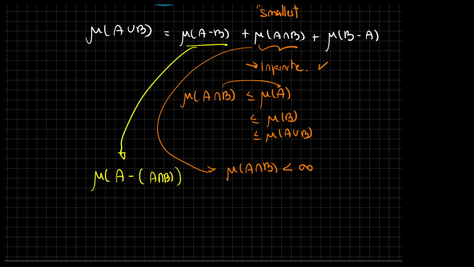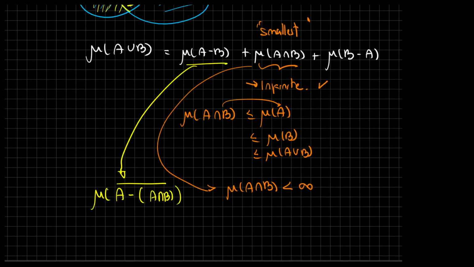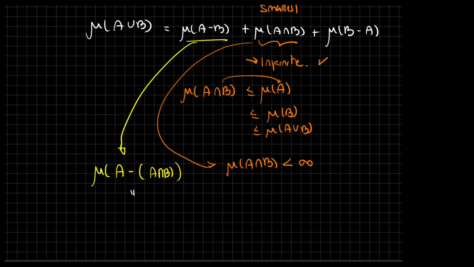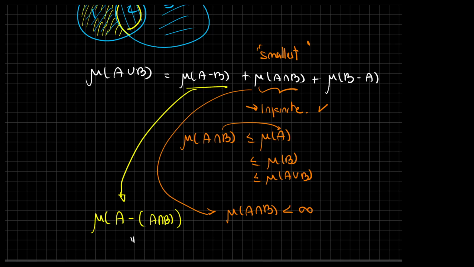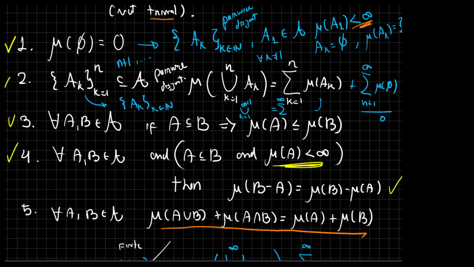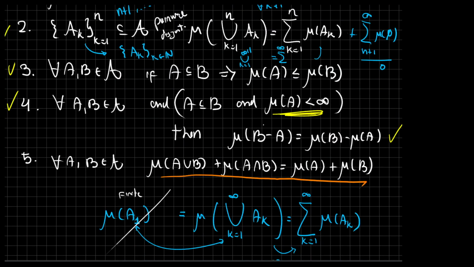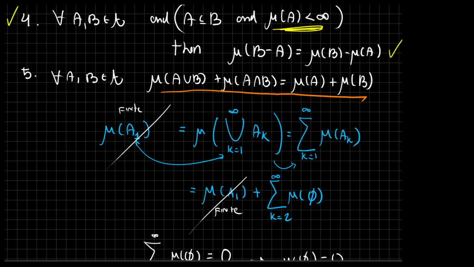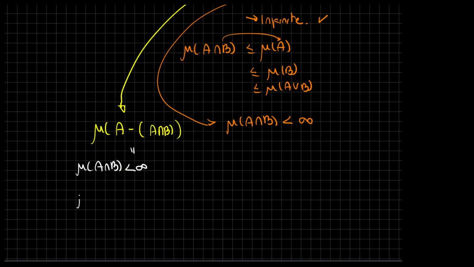So A minus B is equal to this, and so for the difference of these two sets, since the measure of the intersection is finite, we go with the fourth property here. So the measure of A minus B will be equal to the measure of A minus the measure of the intersection.